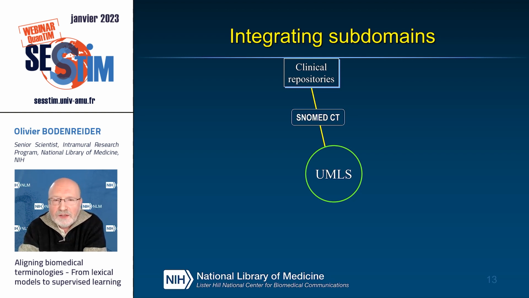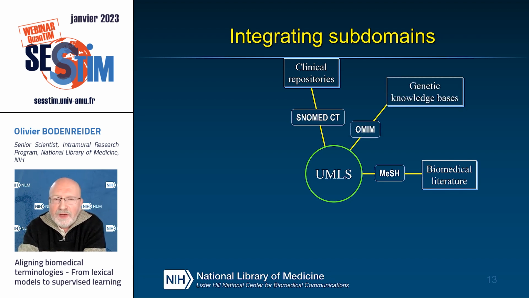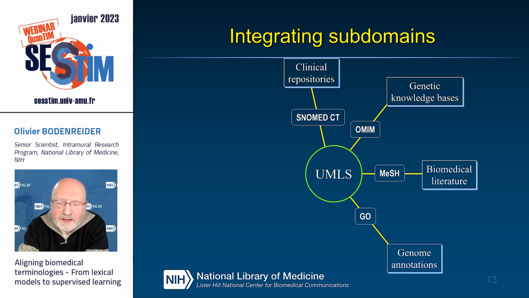So, for example, SNOMED CT is used to code information in clinical repositories. MeSH, I'm sure you're familiar with it, is used to index the biomedical literature. OMIM, which is Online Mendelian Inheritance in Man, is used to code genetic knowledge bases. The Gene Ontology provides annotations for gene products.